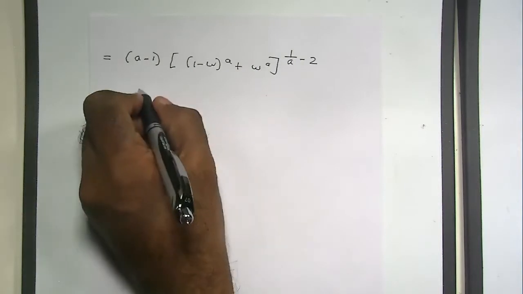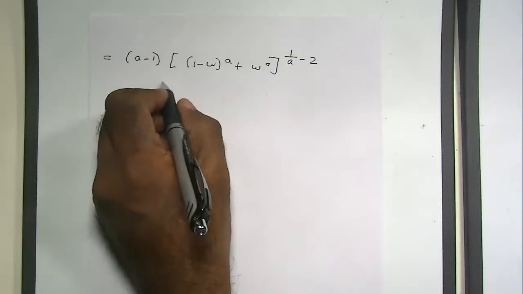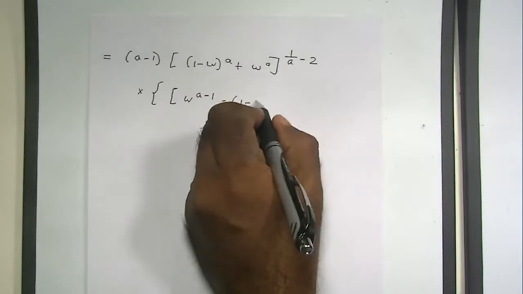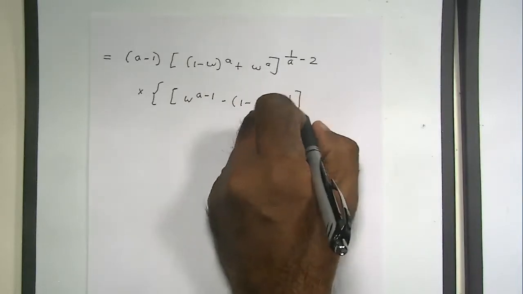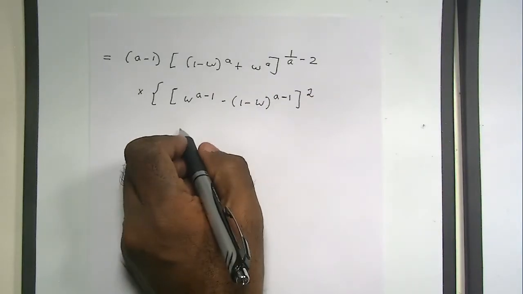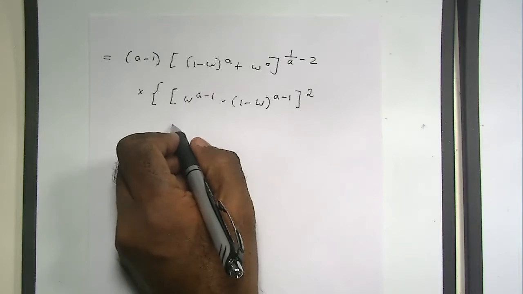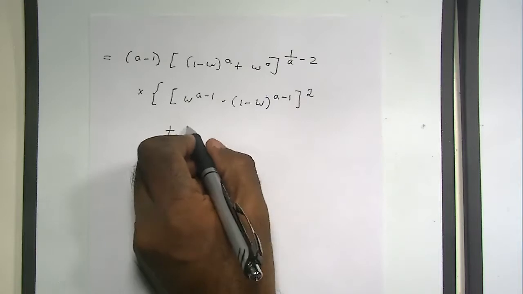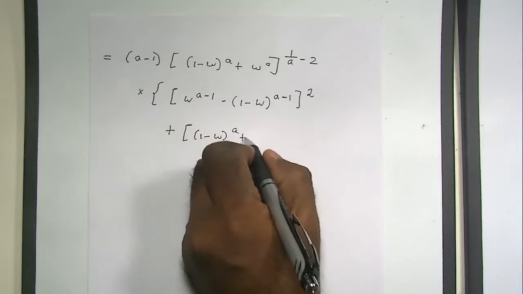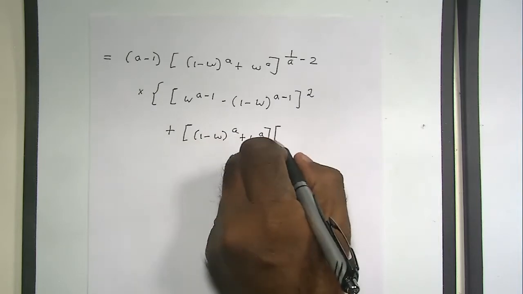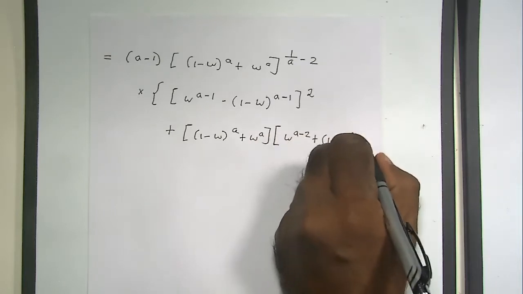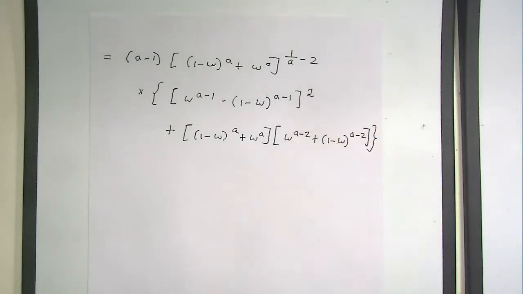Okay, and then multiplied by, okay, and then you have plus, okay, this is what you get.